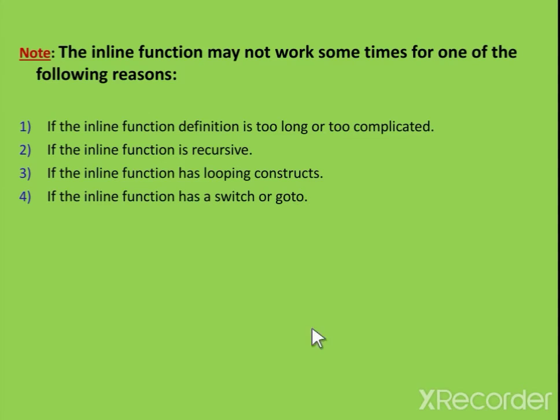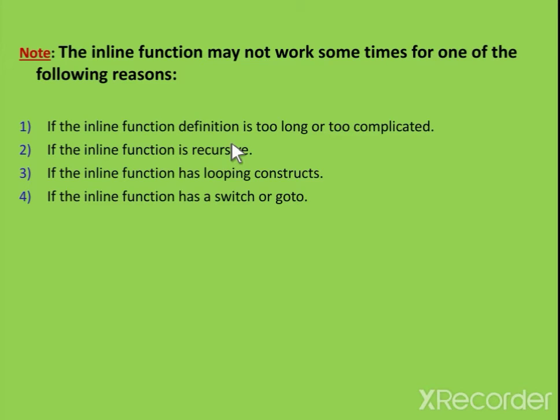The inline function may not work sometimes for one of the following reasons. See one by one. If the inline function definition is too long or too complicated, because inline functions are very short and compact function calls. If the inline function is recursive, recursive means what?